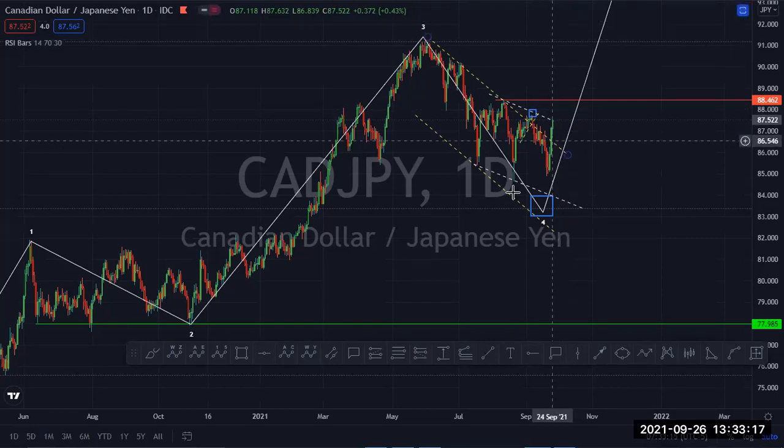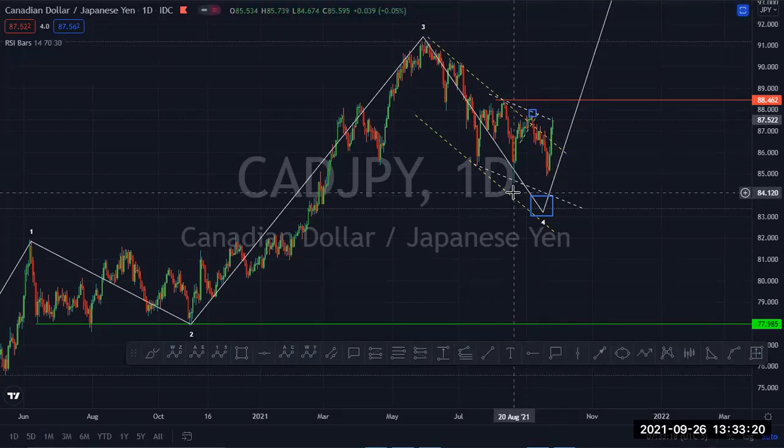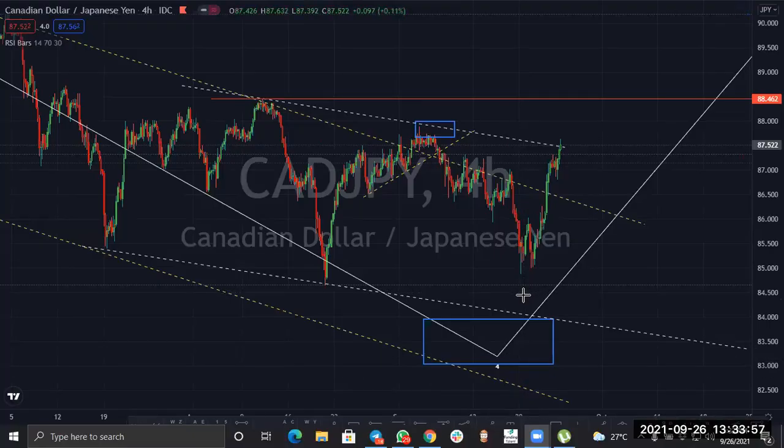But for now, we focus on what we see. We see that the market is strong in going up. So this seems to be an impulse move. This is how impulse moves.